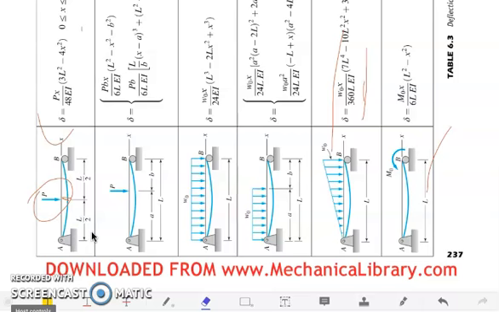So this is the illustration for the figure in our problem, and this is the formula for it. The midspan deflection at the center is this one. This is the formula that you will be using to compute for the midspan deflection.